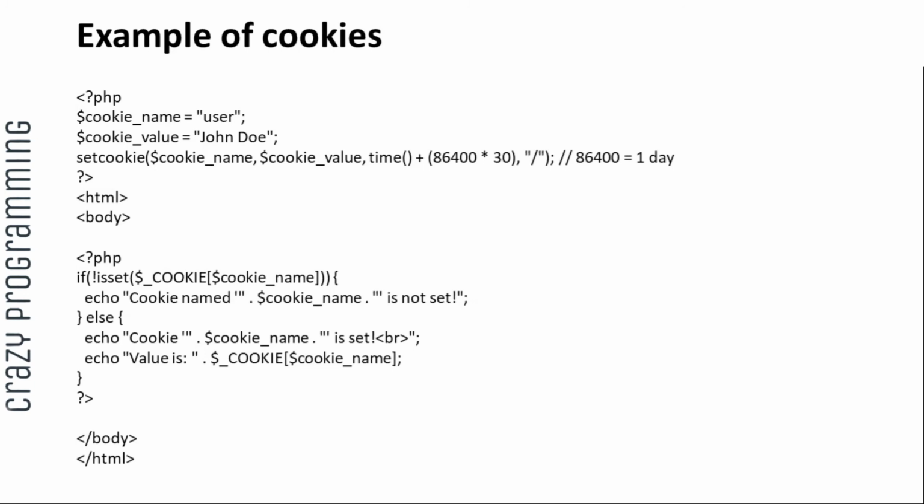Okay, or else it will print "Cookie user is set." And the second one in the else is echo value is cookie name, so it will print "Value is" the user like this.